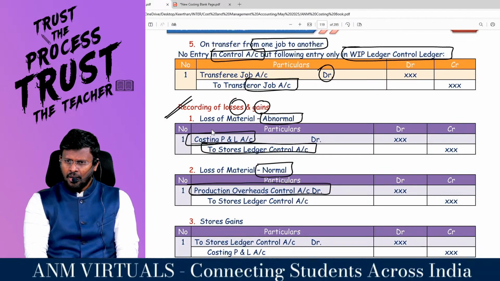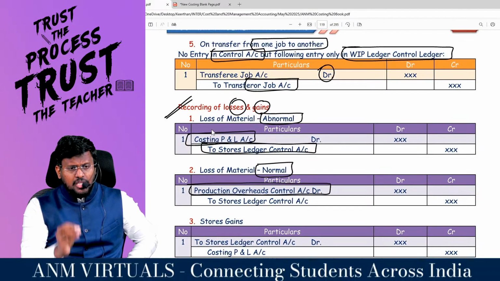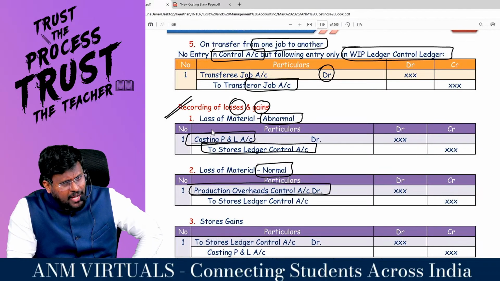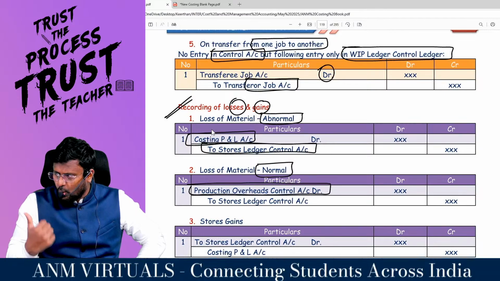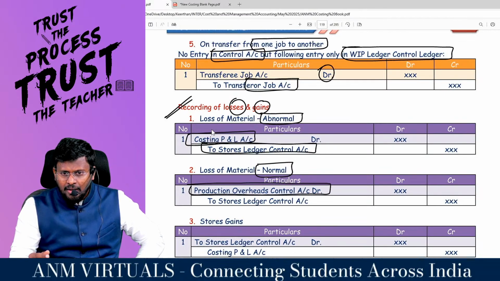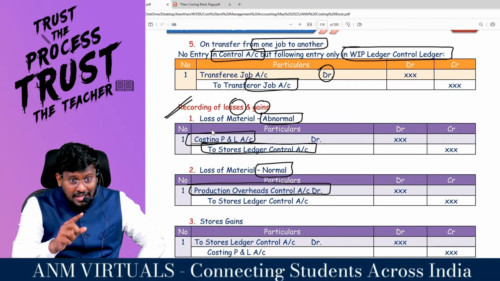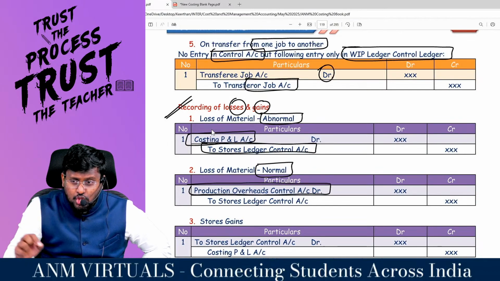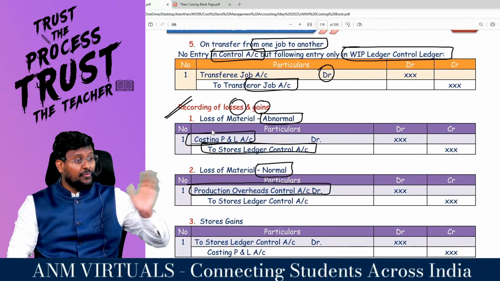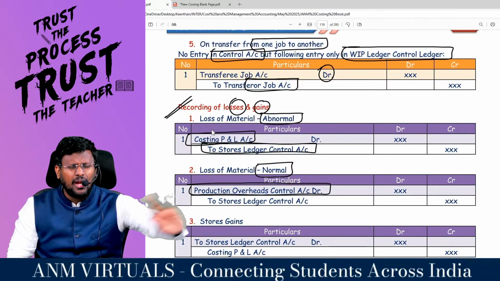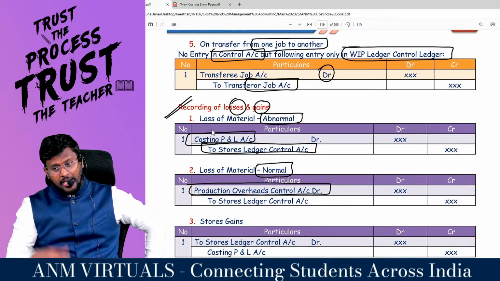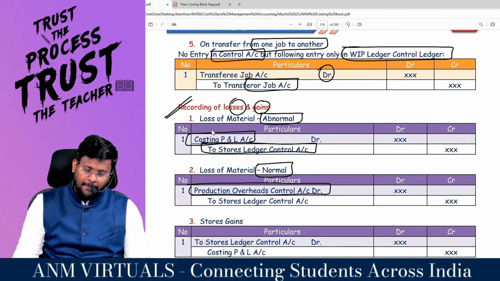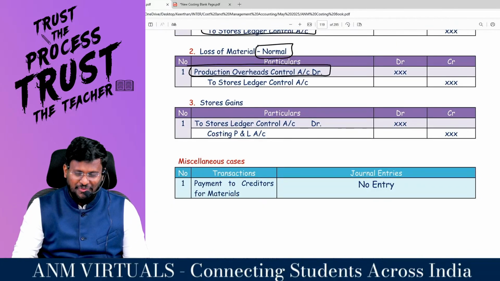Whereas if you charge the abnormal loss also to the production overhead control account, then the cost of the abnormal loss also has to be absorbed by good units. That we don't want. That is a wrong costing approach. It should be transferred to the costing P&L account.